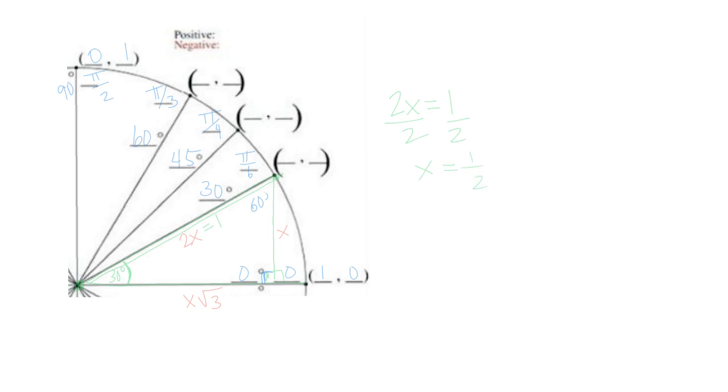So that means that this side here is 1/2, and then this side is 1/2 times root 3, which is the same as root 3 over 2. So now let's think about what this means for the terminal point.